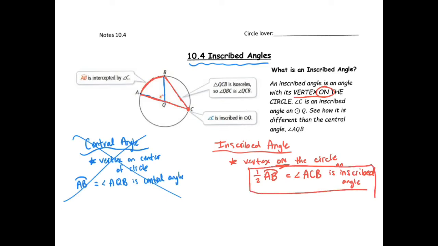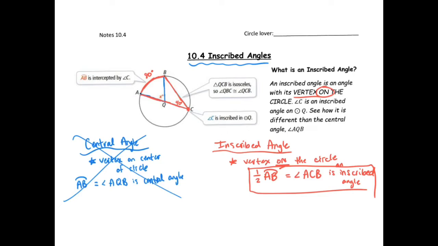But know that it's equal to half of that intercepted arc. So let's say that arc is 80 degrees. Well, this angle is going to be half of that. It's going to be 40 degrees. That's how inscribed angles work.